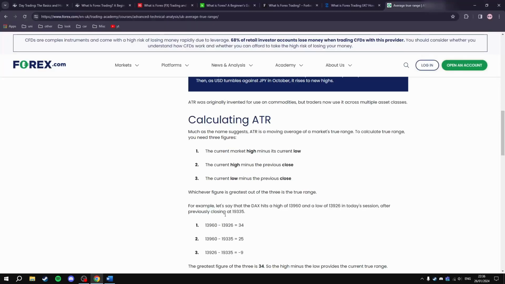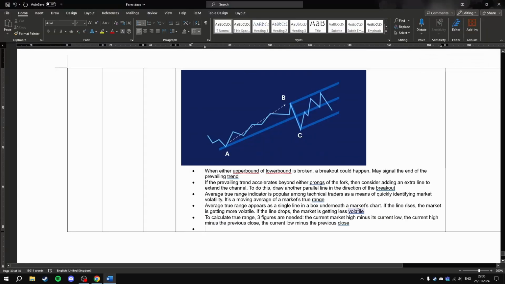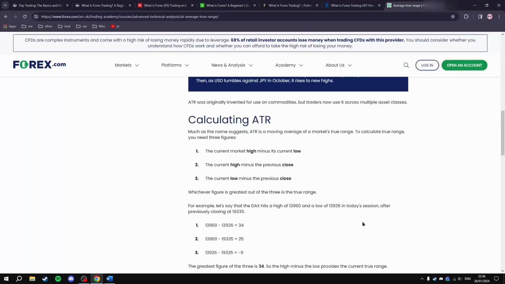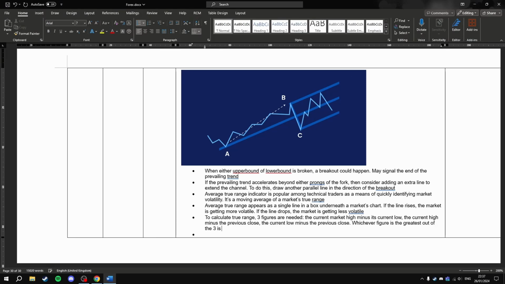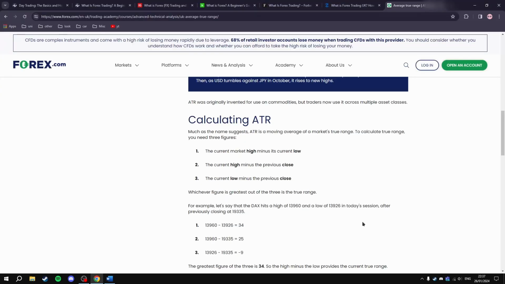Whichever figure is greatest out of the three is the true range.